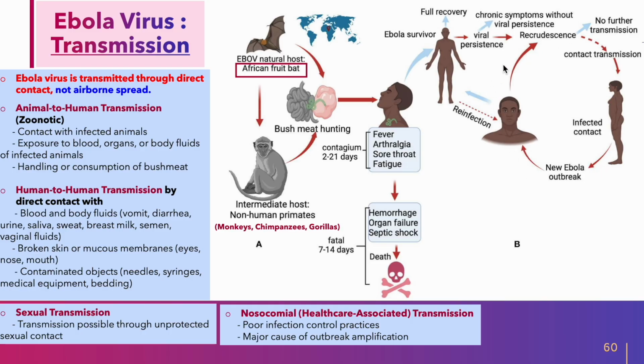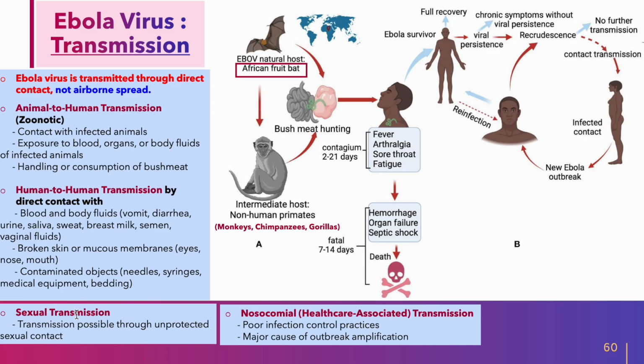So in this cycle, they can transmit to other people, so they infect other people and a new Ebola outbreak happens.